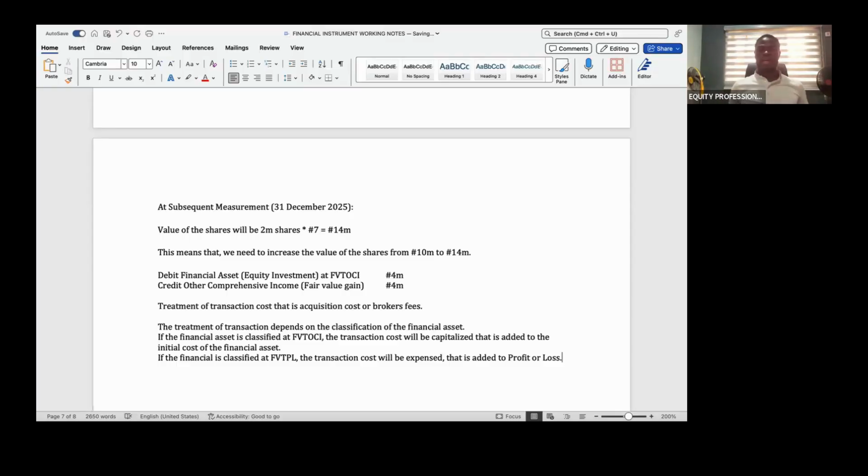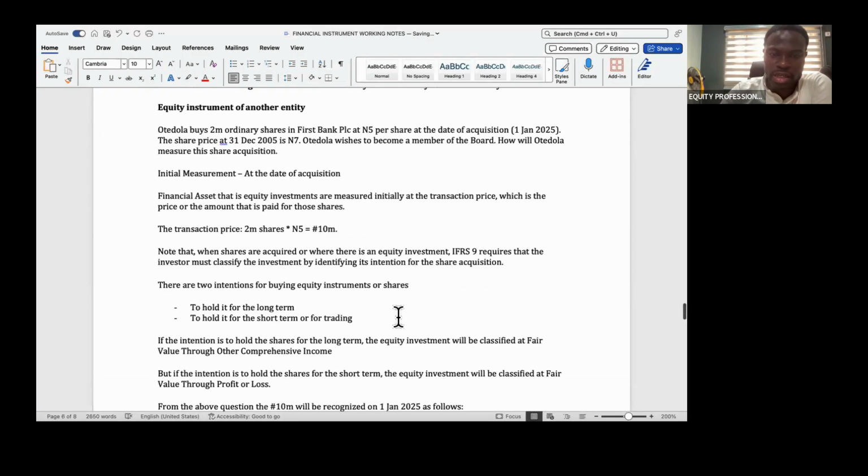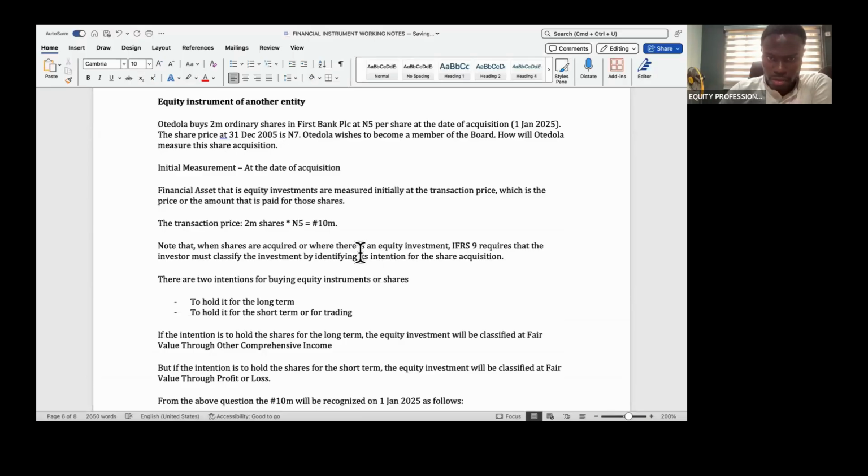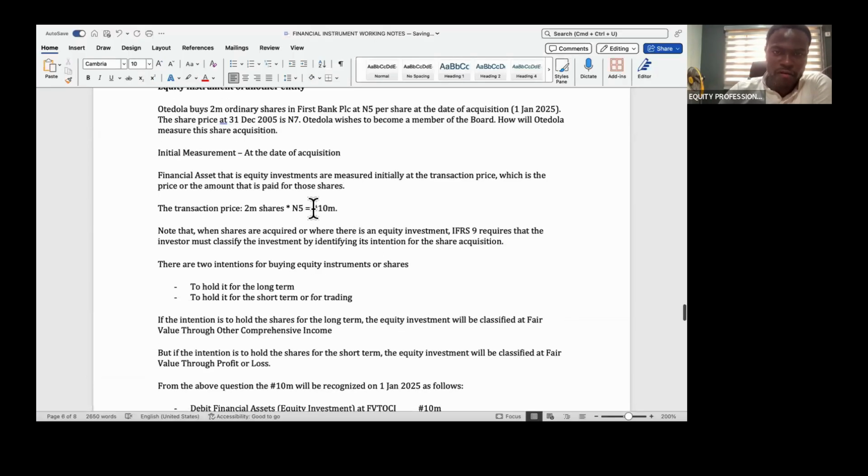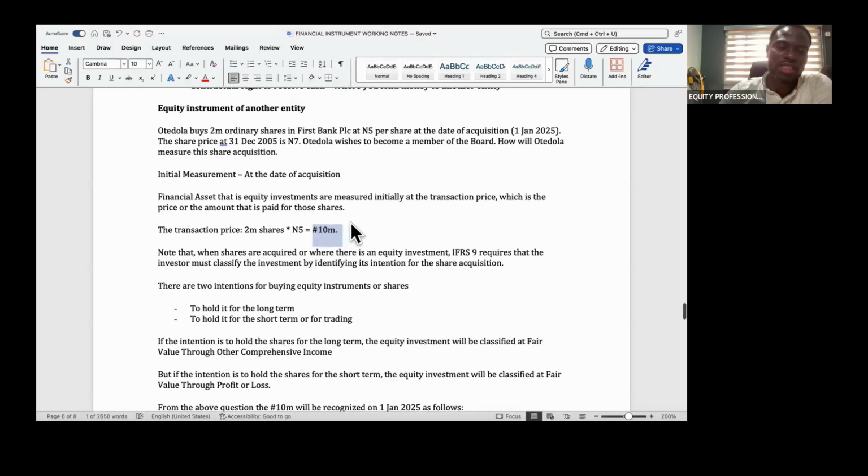So, like in the question I gave you, if you had been told that Otedola incurred, let's say, 1 million to a stockbroker, that means initially, instead of recognizing this at 10 million, we will have capitalized that 1 million. The value of the financial asset then becomes 11 million. And that's because this particular one is classified at fair value through OCI.